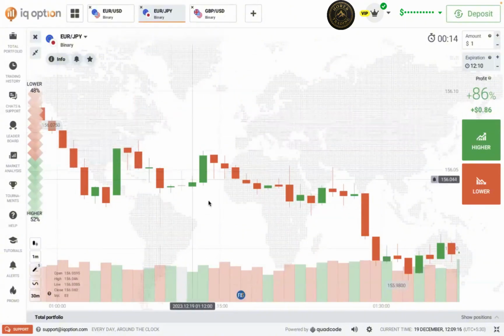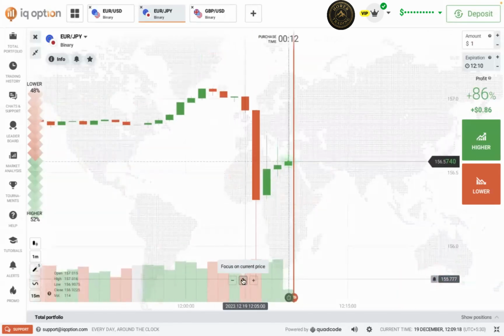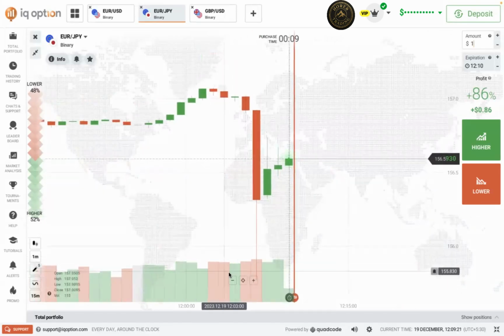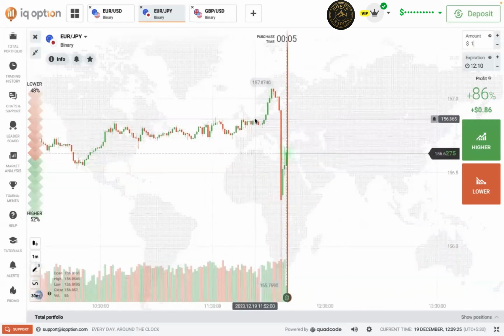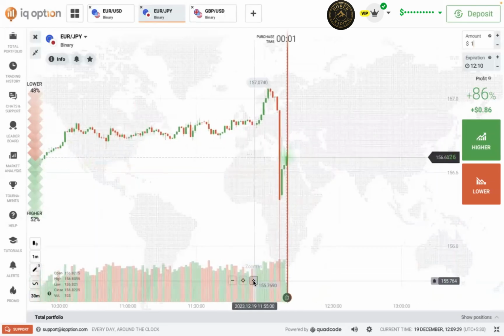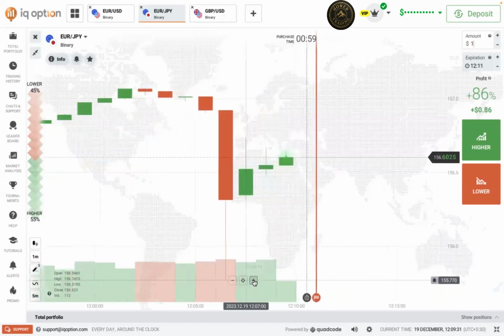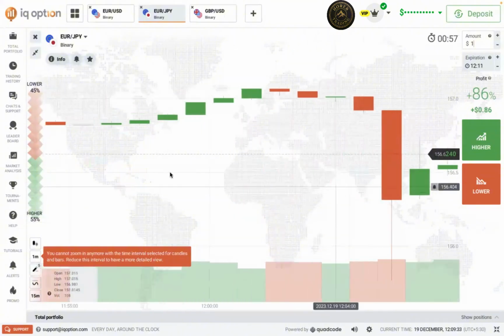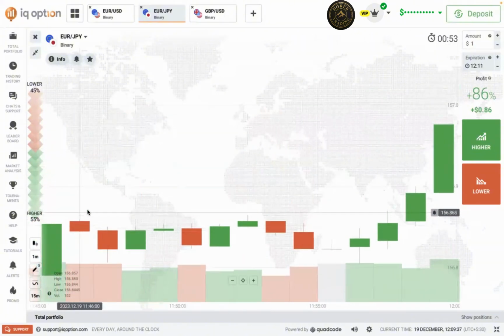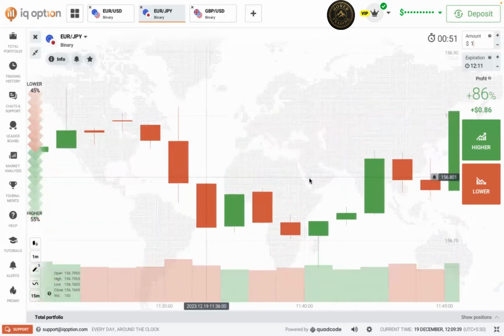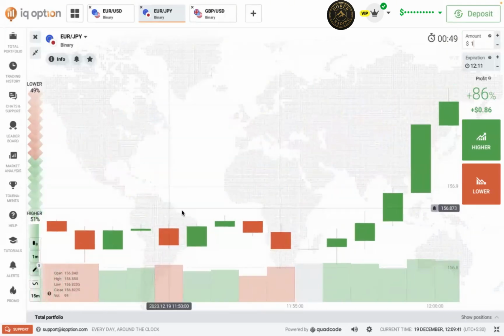Let us see one example here. We have a zone here, but let me draw it right now. Okay, this is a zone, and we are having a breakout.